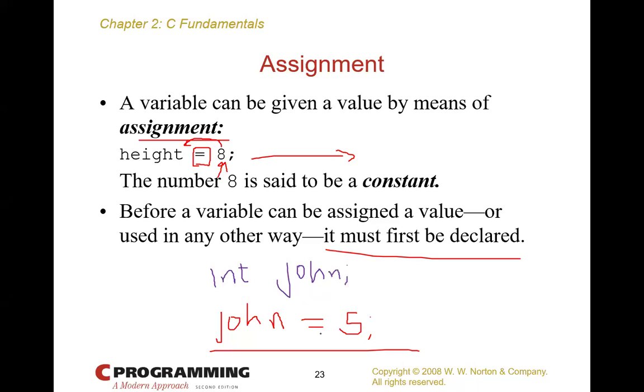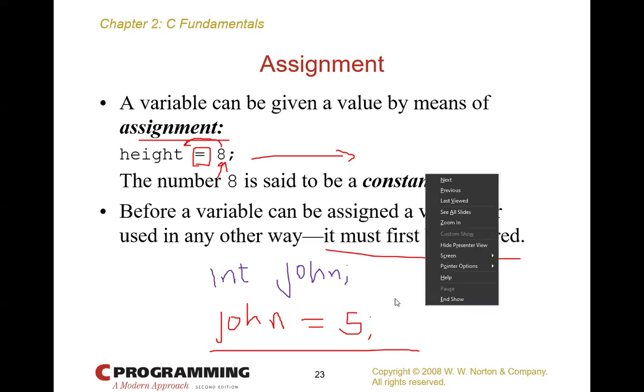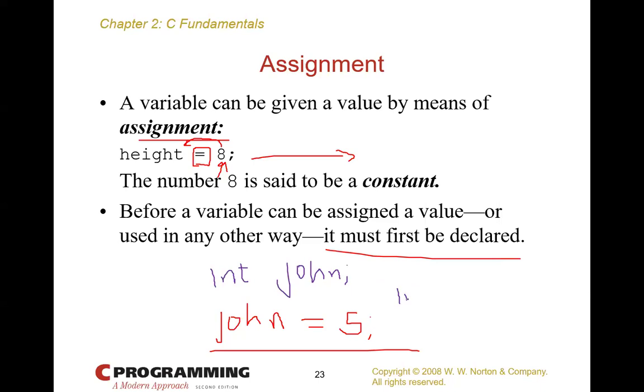Then you have John is equal to 5. This will work. Or you can actually have int John is equal to 5 on a single line. But for the first time you're using the variable, you must write this int, the type.